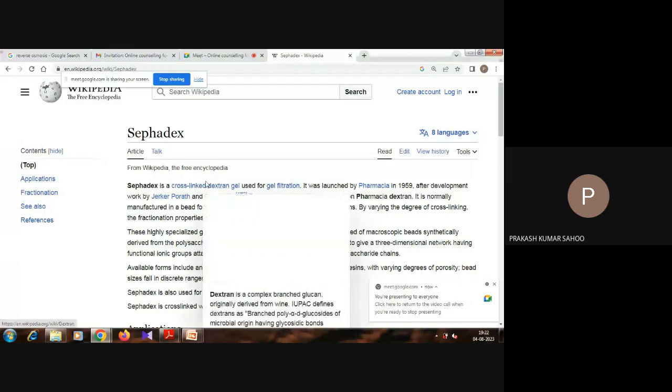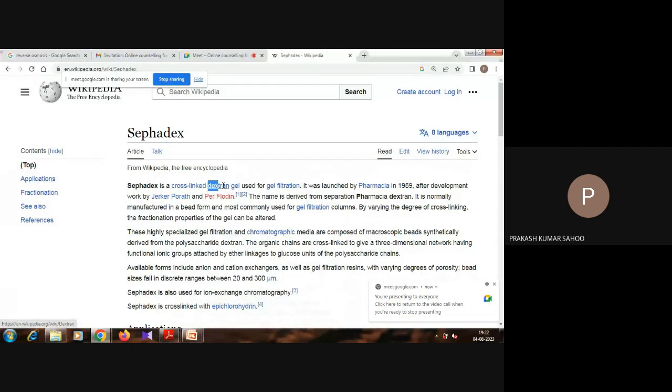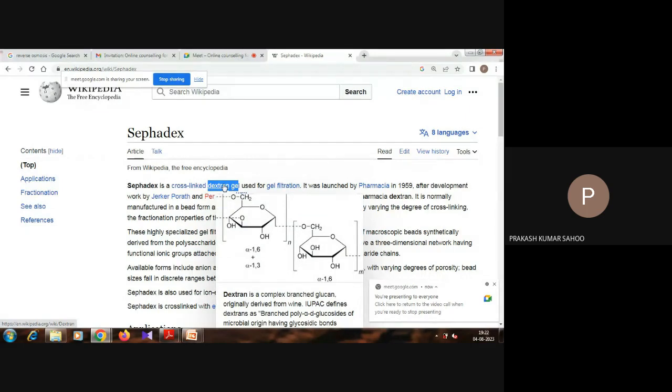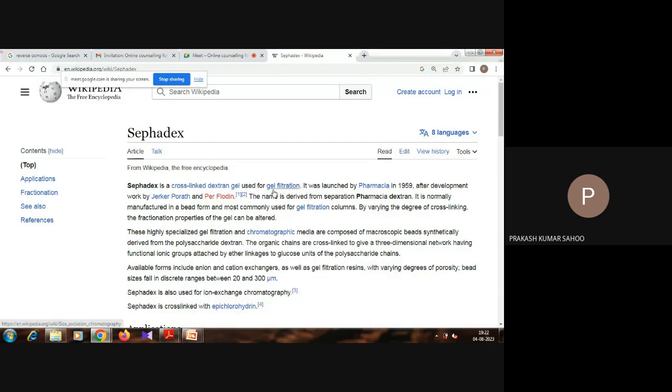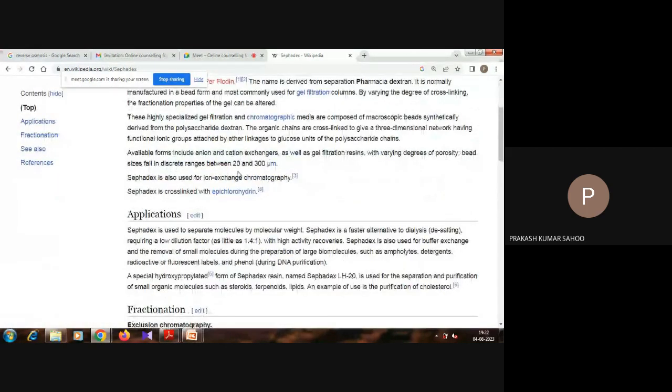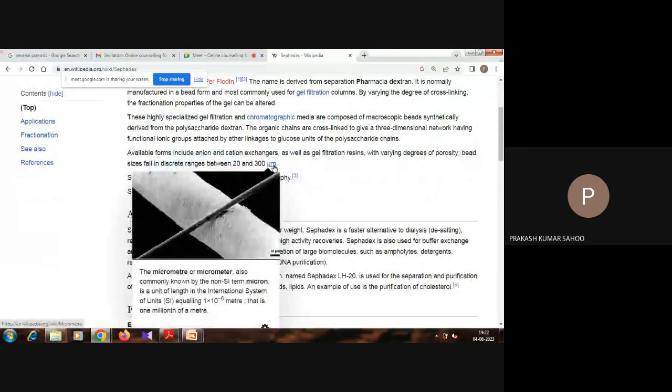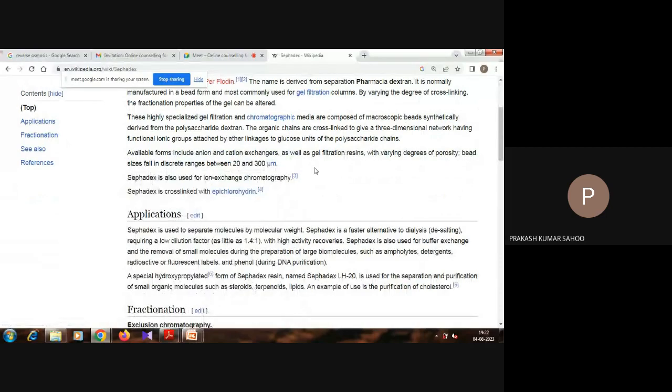Yes, this is a version of your dextran gel, the linkage of cellulose moieties, and this is used for gel filtration, and the bead size is 20 to 300 micrometers.